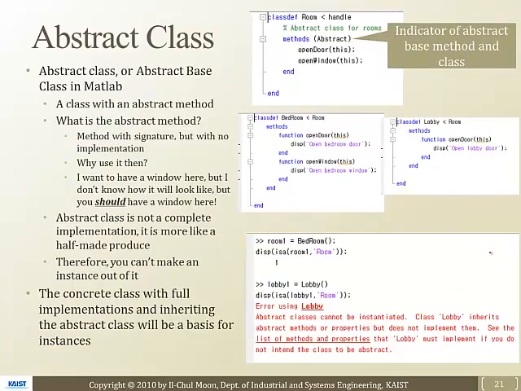Okay, the next thing is the abstract class. An abstract class is a kind of step before instantiation. An abstract class or abstract base class in MATLAB means that a class has an abstract method. So here, let's look at this. Room inherits handle. It looks all normal. But here, methods with parentheses and abstract, right?